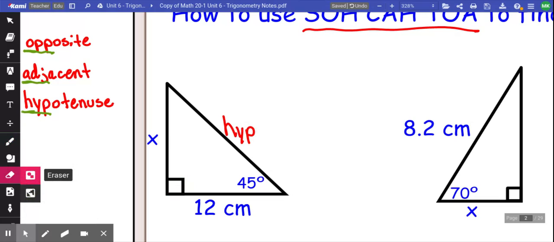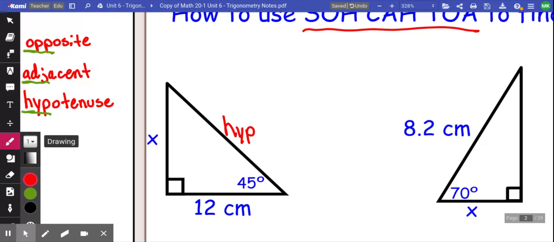Perfect. The other two sides we used to call A and B when using Pythagorean theorem. When using Sohcahtoa, you have to name them opposite and adjacent. And it's all based on whatever angle they've given you to work with. So for instance, I notice they've given me this angle of 45 degrees. I have to label this triangle based on that angle I was given.